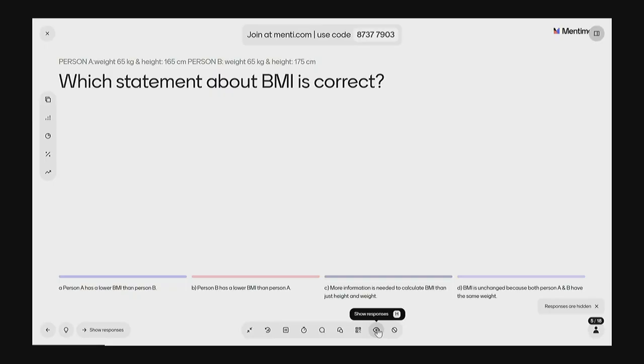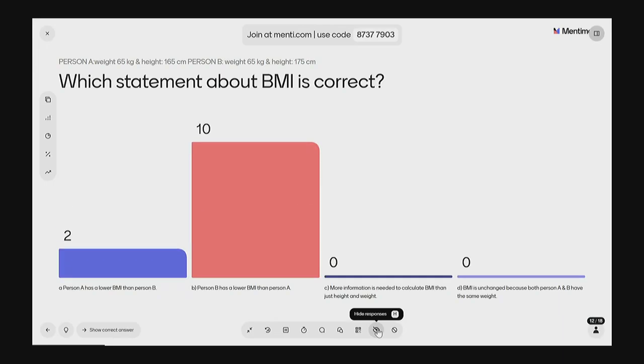And then person B has a weight of 65 kg and height of 175 centimeters. Which statement about their BMI is correct? And I'm just going to move through this a little quickly so we can answer a number of questions before the time ends.